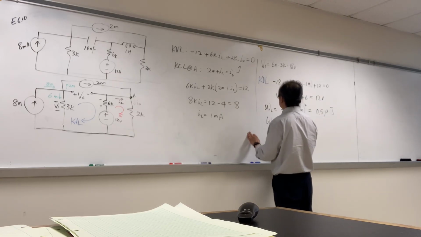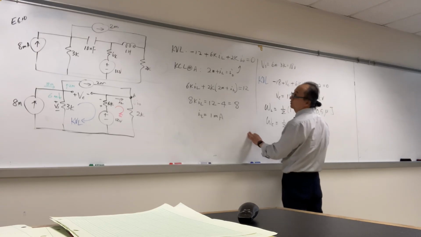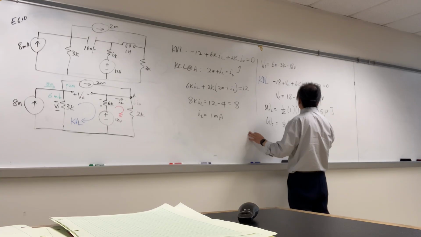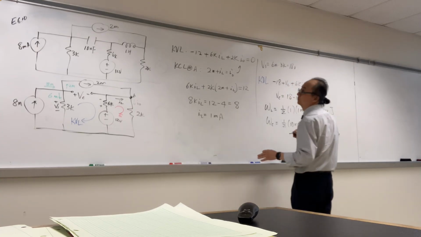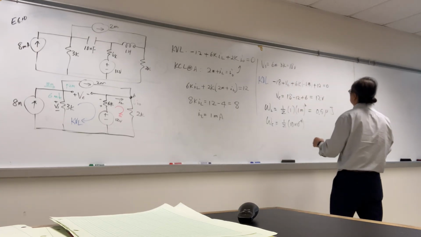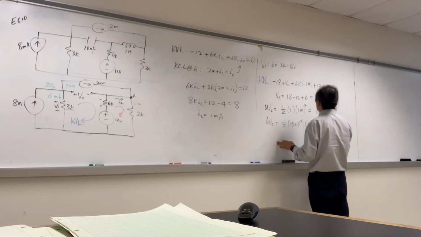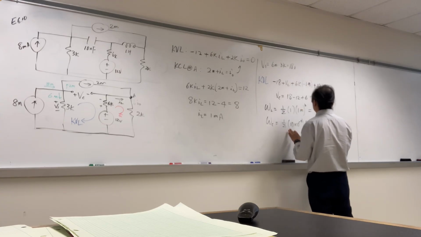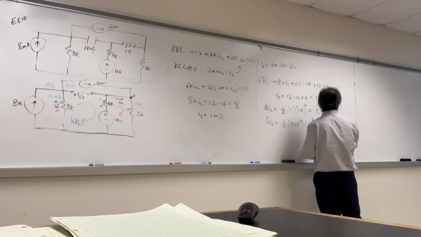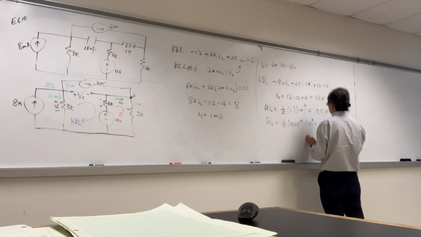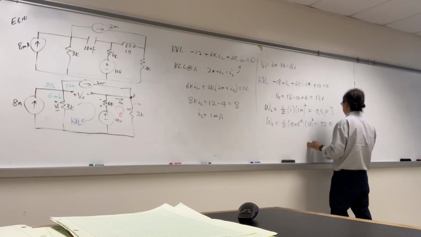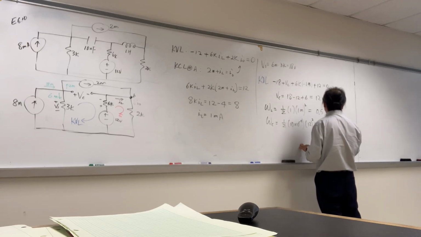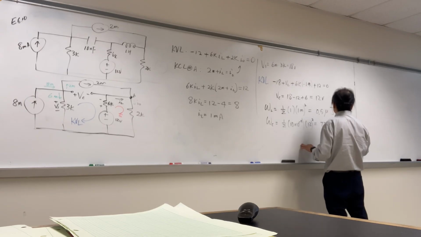And the WC equals 1 over 2 C, 10 times 10 to the negative 9, nano, and then voltage V, 12 squared. So 144 divided by 2 times 10 times 10 to the negative 9. So that is 720 nanojoules.